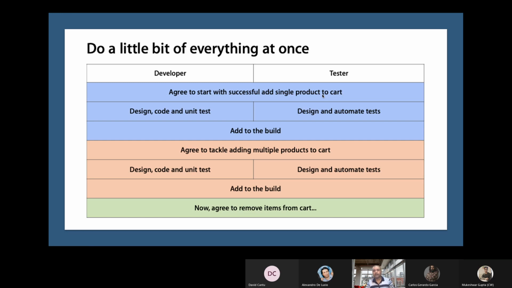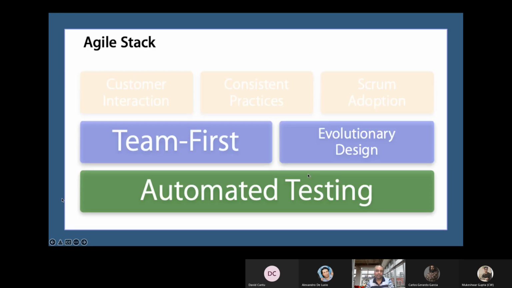Again, second iteration: design, code, unit test, design and automate test, add to the cart. Now agree or disagree, and then remove the items from the cart. Agreeing to disagree is also fine, but do everything a little bit. That is what we say when it comes to the team.